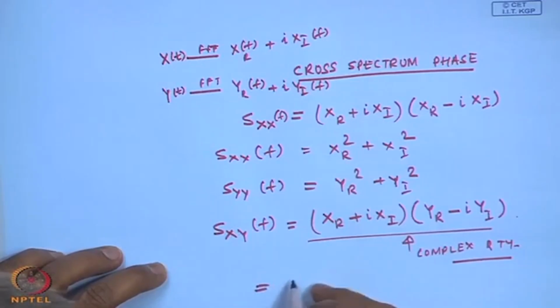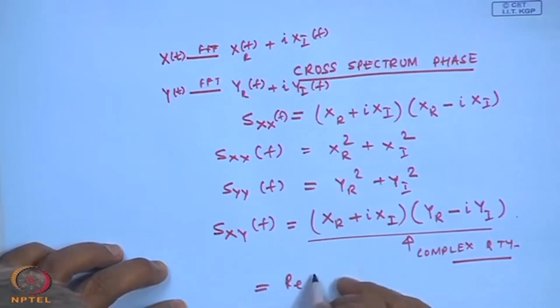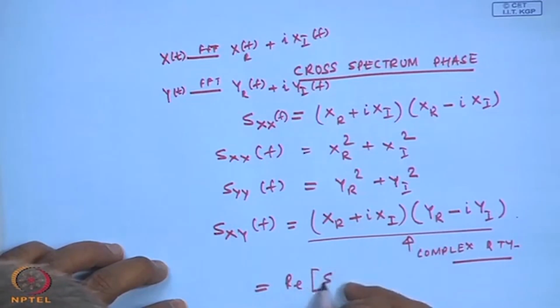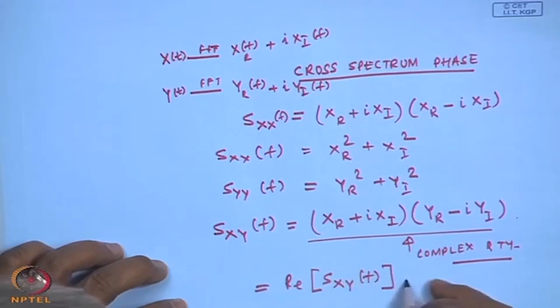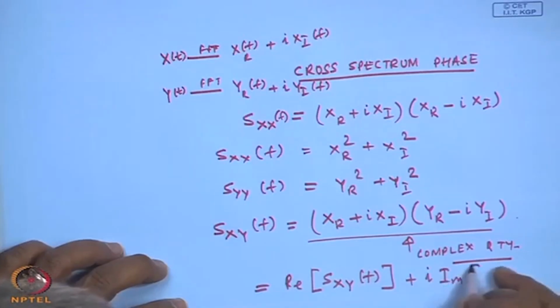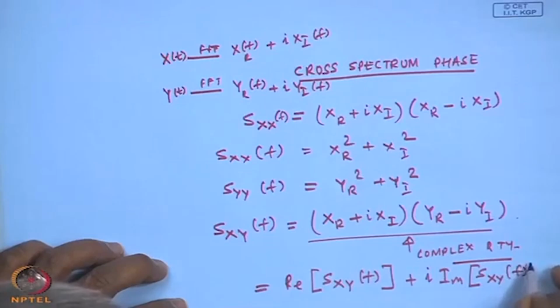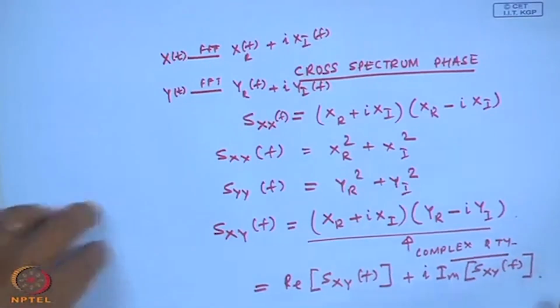So, this will have a real part of Sxy(f) plus imaginary part of Sxy(f), and so on.